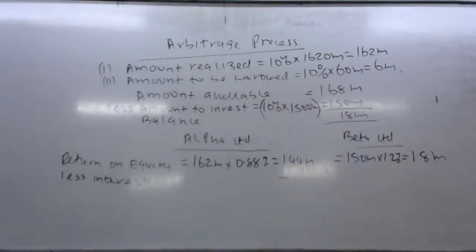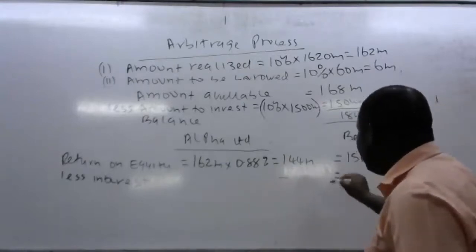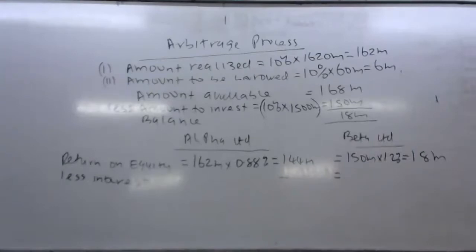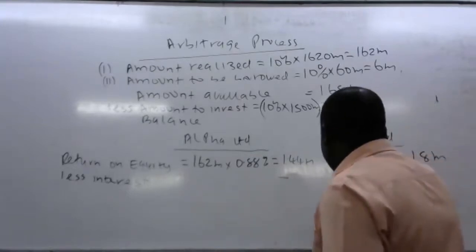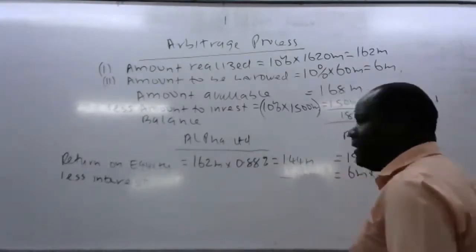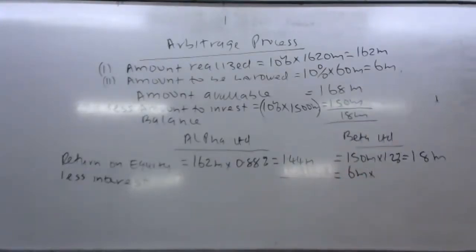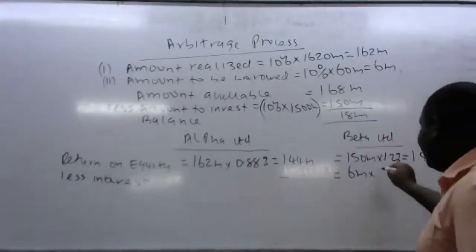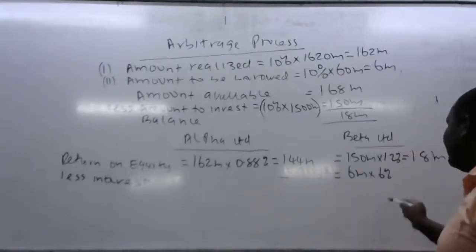But when he was moving to beta limited, there is an amount he borrowed in step number 2. Remember our step 2. He borrowed how much? He borrowed the 6 million. Then what is the interest rate? It is 6%.